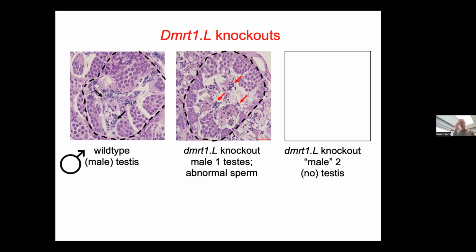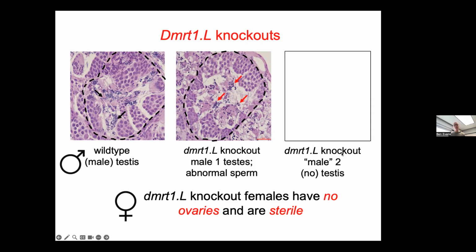Another type of individual had no testes at all. I've only shown two here, but about half of our offspring that were homozygous DMRT1L knockout, if they were genetic males, did not develop testes at all. Strikingly, when we looked at females, we were surprised to see that all of the females did not develop ovaries at all. There was a complete absence of gonads in females.